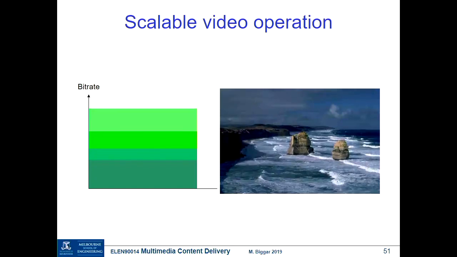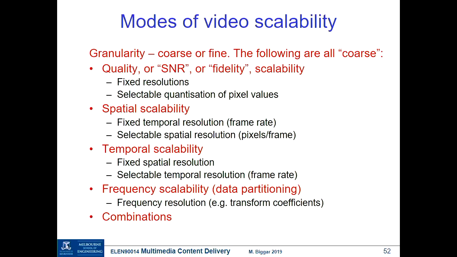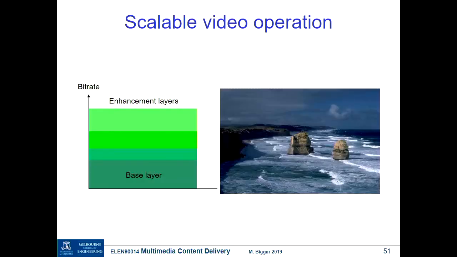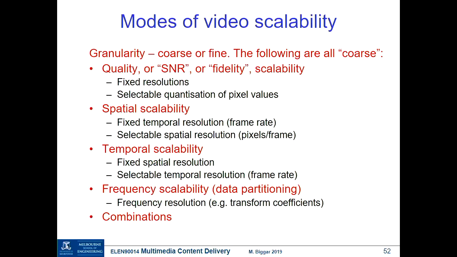And further information still, and we get the highest quality that we can at that resolution. The terminology we use here is that the part common to all of them is called the base layer, and then we have these enhancement layers that can be added to it to improve the quality, improve the resolution, and so on.